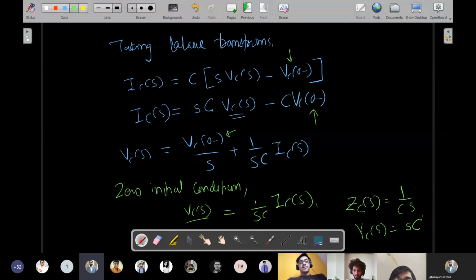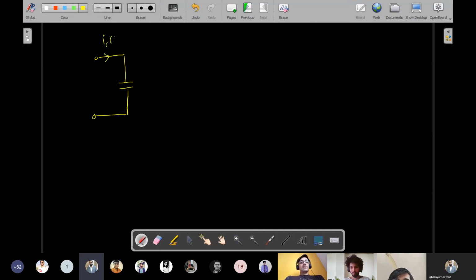Now we can write the element circuit, but how are we able to convert these things? So if I draw these circuits, first one in time domain, I connected the capacitor, current through that is Ic of t, this is capacitor, Vc of t plus minus, this is the time domain representation.